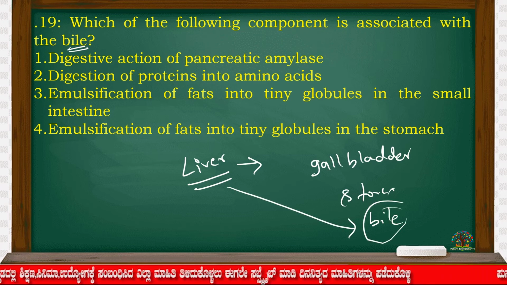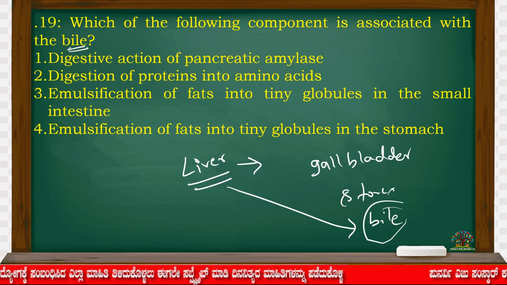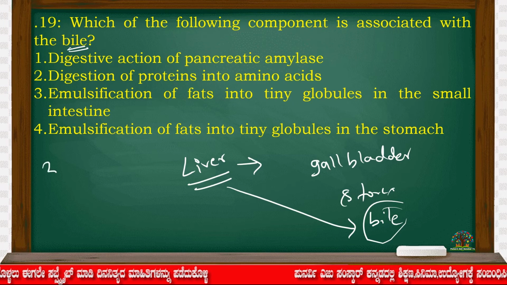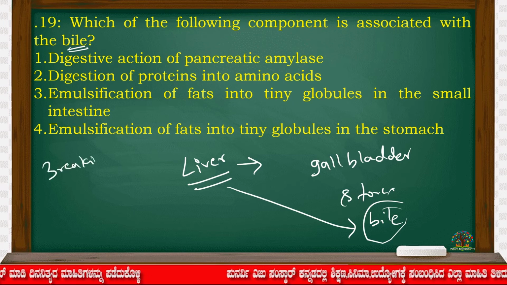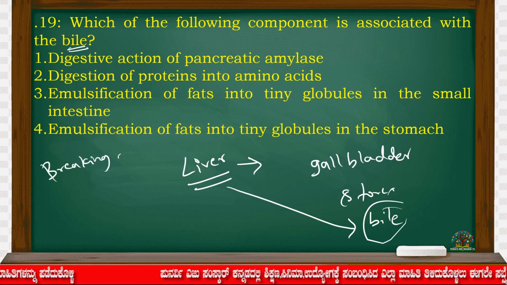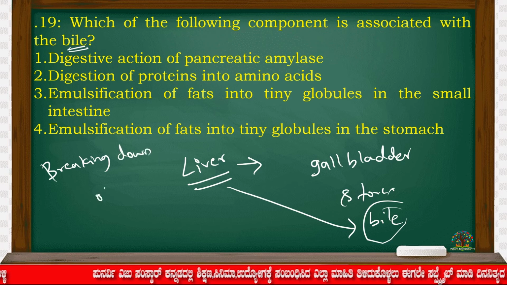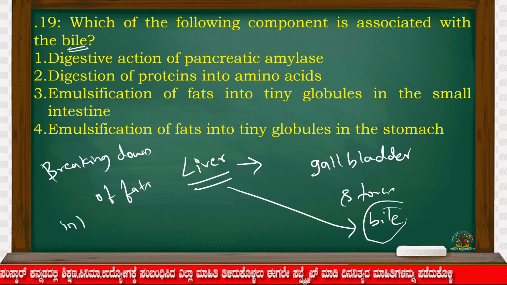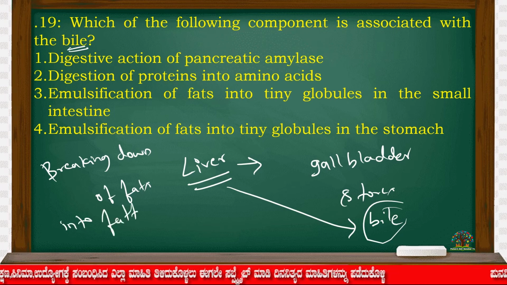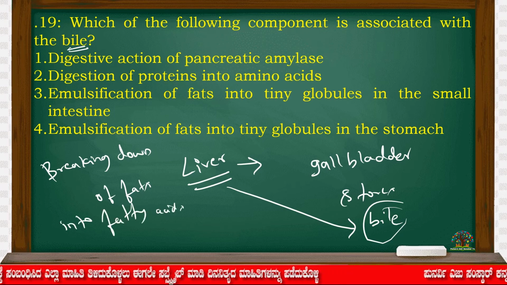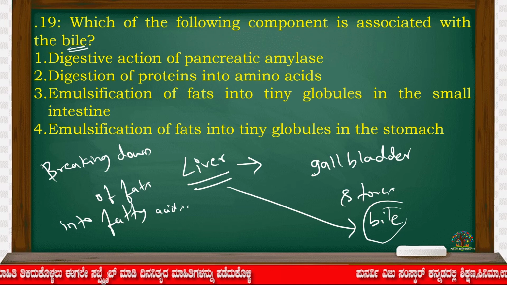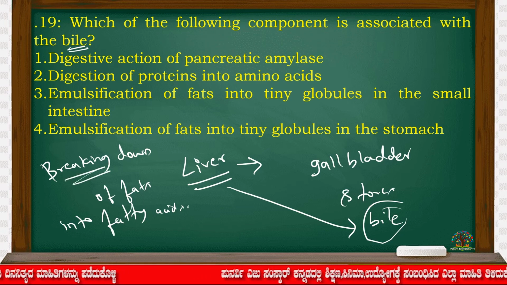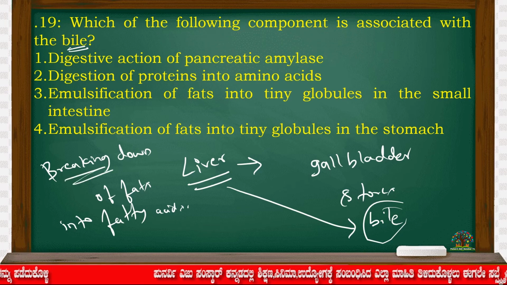So the major function of this bile juice is that it helps in the process of breaking down fats into fatty acids. So bile juice is secreted by liver, and it is stored in the gallbladder, and the major function of the bile is to break down the fats into fatty acids.